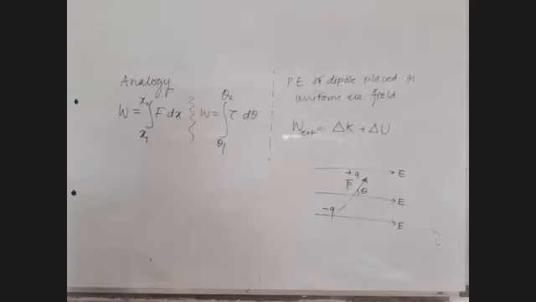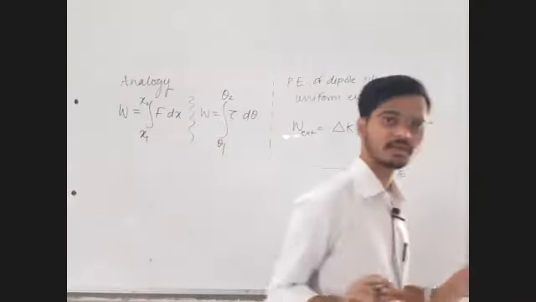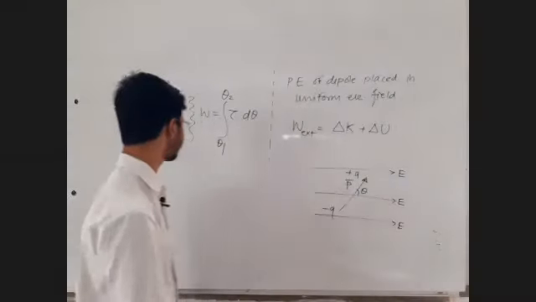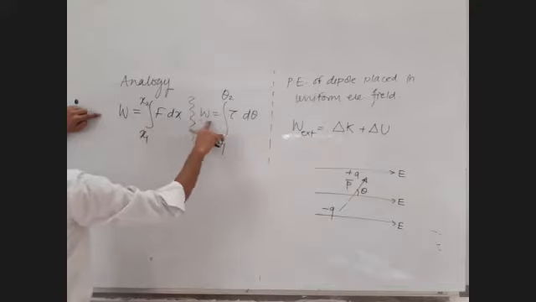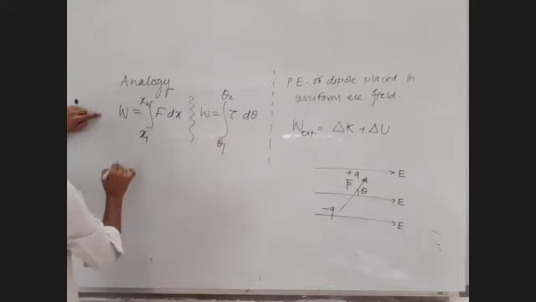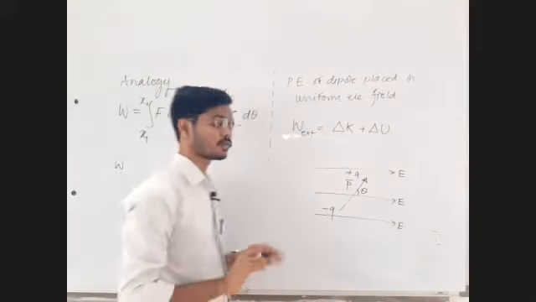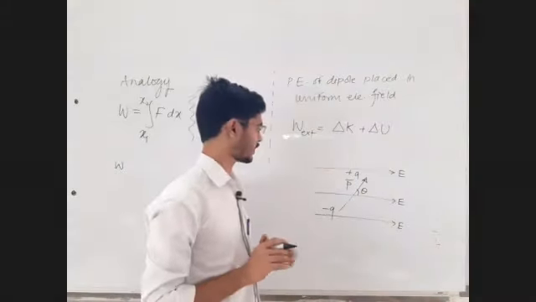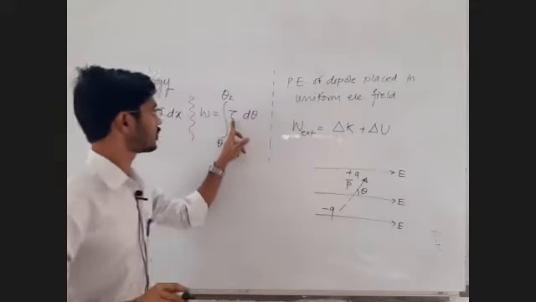Okay. Now we want to find out the numerical value of the torque. That will be enough for us. Rather, we want to find out the work done value. Okay. Work done by the external torque we want to find out. It is very simple job. Find out the numerical value of the torque.